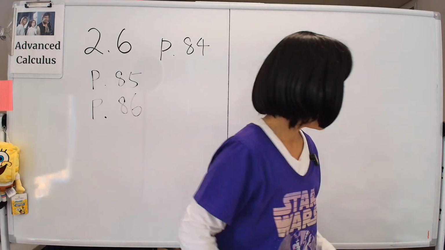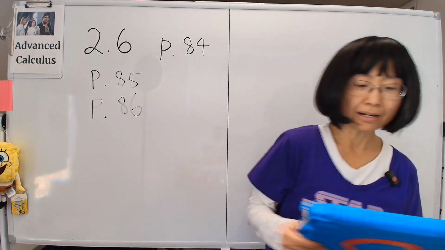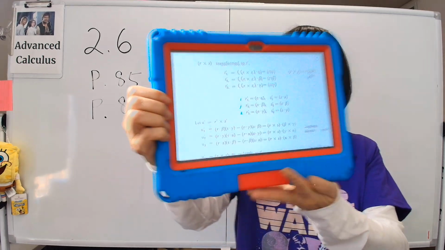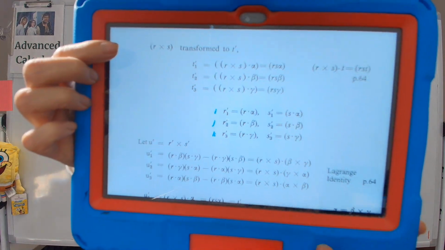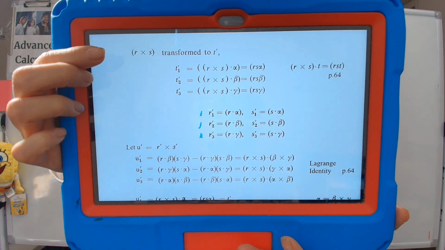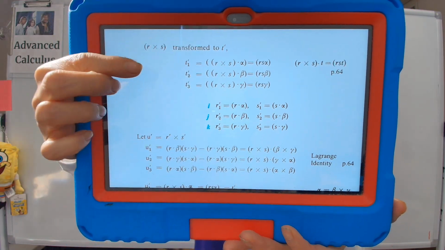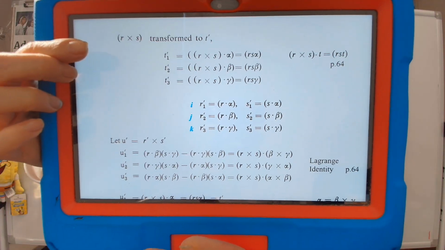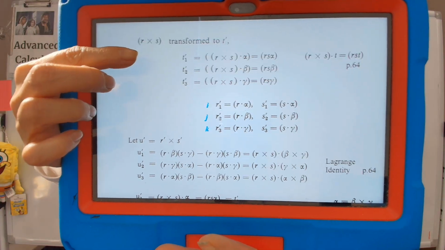Okay, so let's do that and consider this. All right, so I have again written down here, and let's consider the cross product. Now, R cross S is being transformed to something we'll call T prime. Then R cross S being transformed to T prime, we'll calculate it.